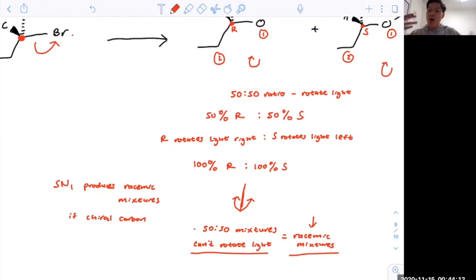And if you have a chiral carbon attached to your leaving group, it can attack from the front or the back, which means you're going to create two products that are present 50-50, which are called racemic mixtures, and they are not chiral. They are achiral. Okay. So again, I'm sorry for this being out of order, but I hope this was able to help.